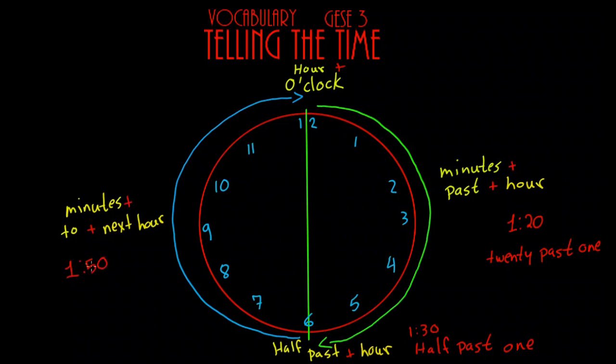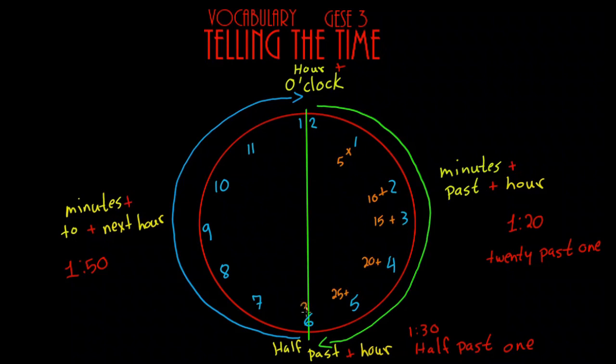We would say 50. Actually, let's change the color. So this would be 5. This is 10. Okay. This is 15. This is 20. This is 25.